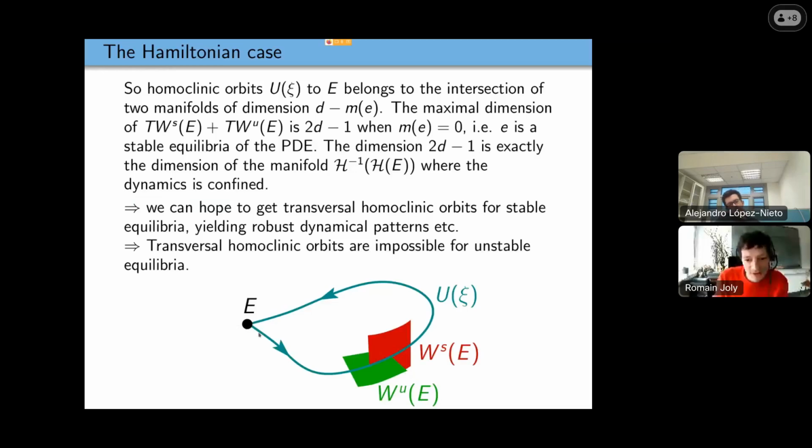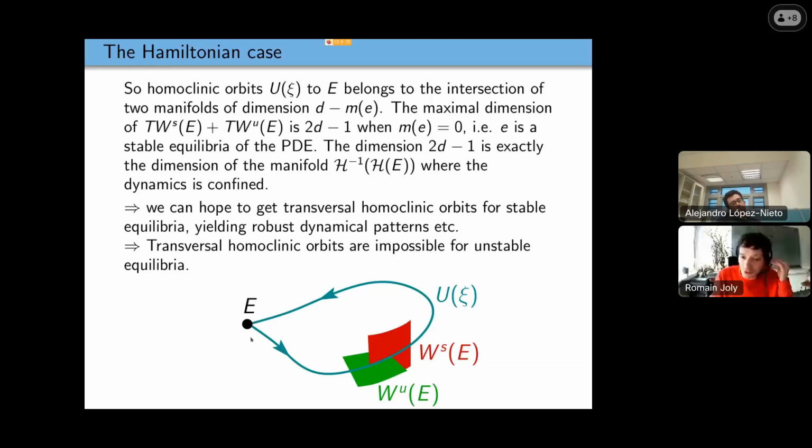Okay, so this kind of solution belongs both to the unstable manifold of the equilibrium point, because they are repelled at minus infinity by your equilibrium point, but they also belong to the stable manifold of your equilibrium because they go back, they are attracted at plus infinity to your equilibrium point.